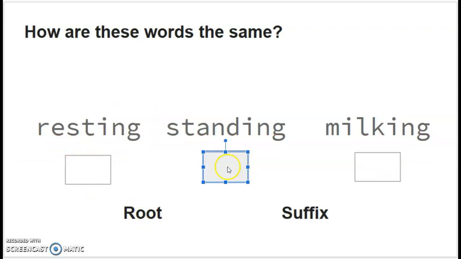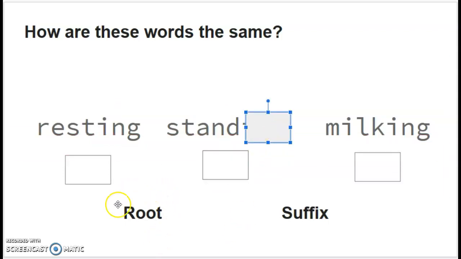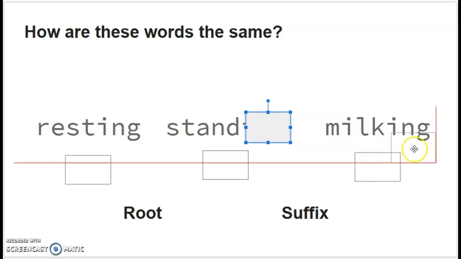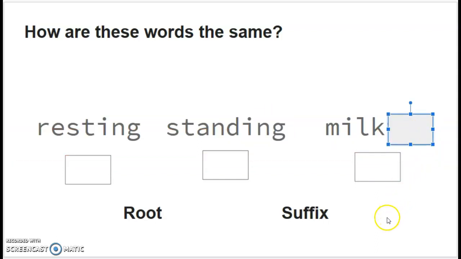What's the root word for standing? Right, stand is the root word. What about for milking? Right, milk is the root word. What does that make the ing?